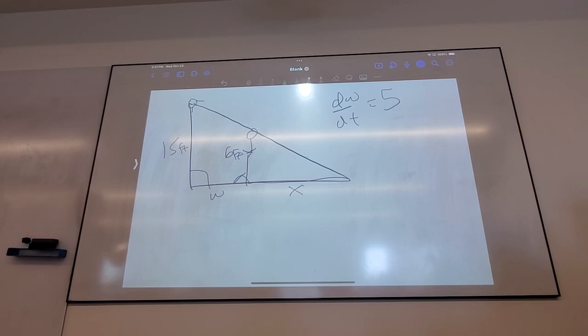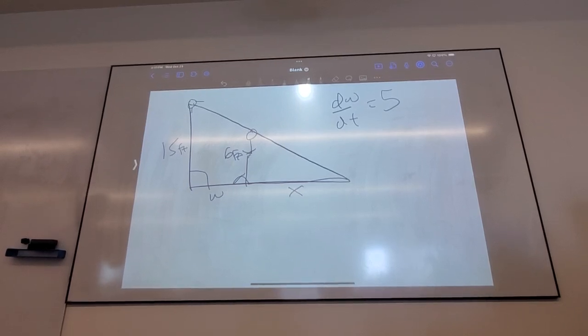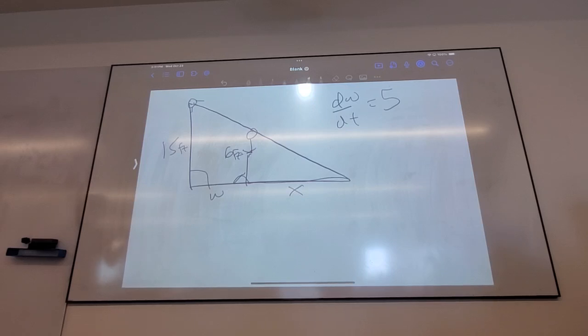And then the question they're asking is how fast the tip of the shadow is moving. When I did it with some people, I could have been a little more precise. dX/dt is just a part of that question. Here's the tip of the shadow. What is it comprised of? How far away is that from the lamp?